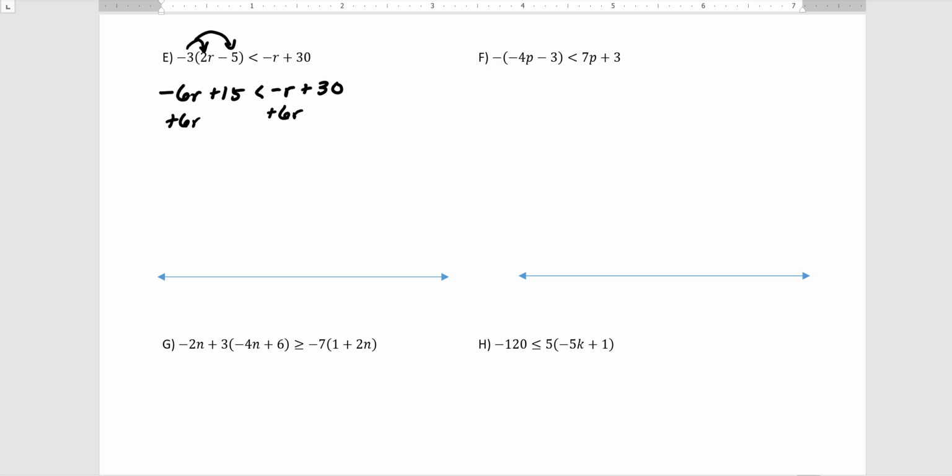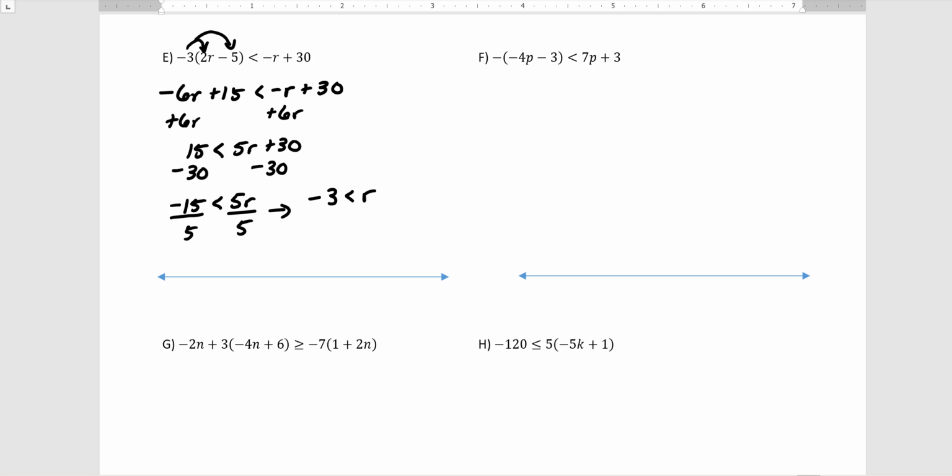When I do that, I get 15 is less than negative r plus 6r, which would be 5r, plus 30. I can subtract 30 from both sides because I've got to get my numbers on the other side. So negative 15 is less than 5r. Divide both sides by 5 to get r all by itself. Tells me that negative 3 is less than r.